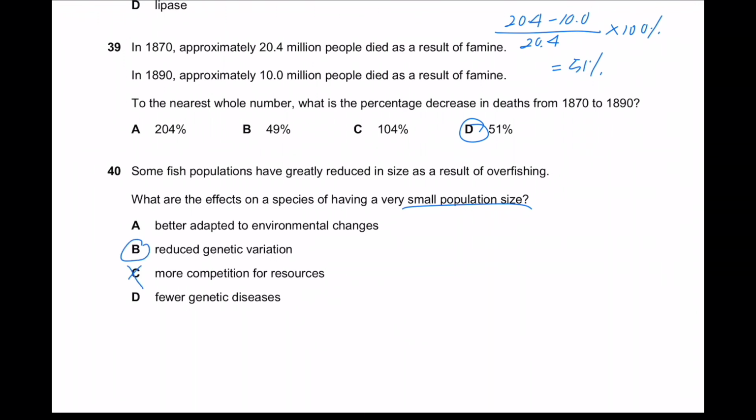There will be less competition for resources, and having a small population size also doesn't mean that you have fewer genetic diseases. Having a smaller population size means that there will be less mutation, and hence there will be less genetic variation and less change in base sequence. So the answer is B.